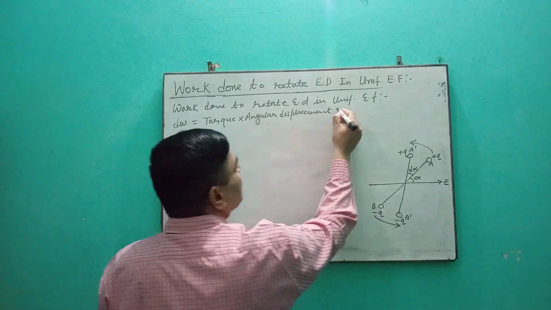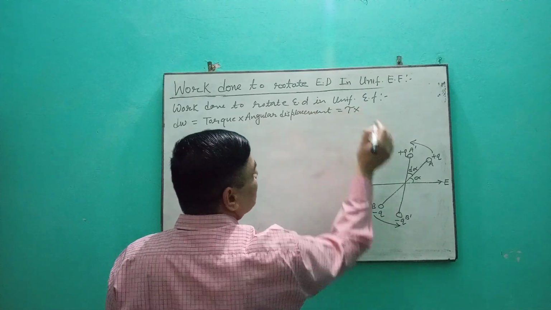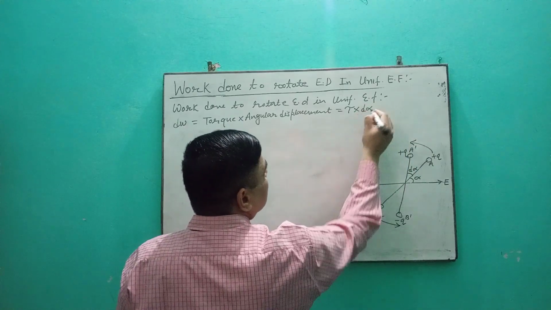Torque is tau and angular displacement is d alpha.